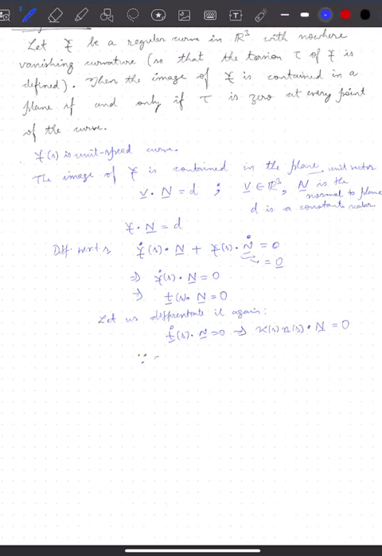Since kappa of s is not equal to 0, because only then can we properly define tau, this implies that N of s dot n vector is equal to 0. So from this we conclude that the t vector and the N vector are both perpendicular to the capital N vector.